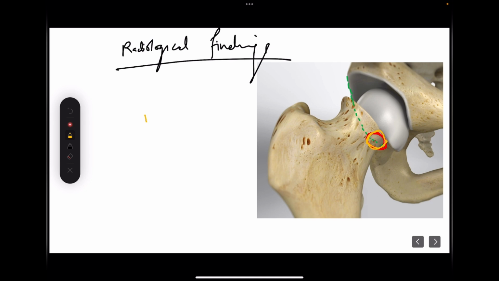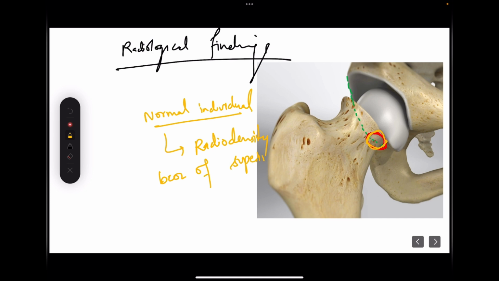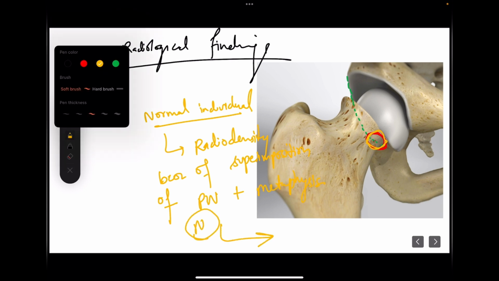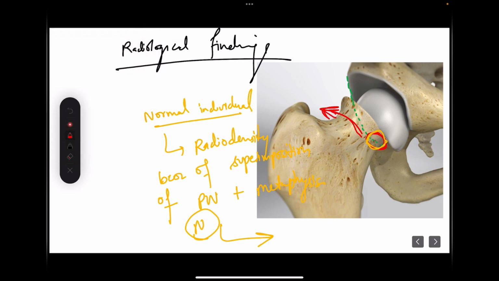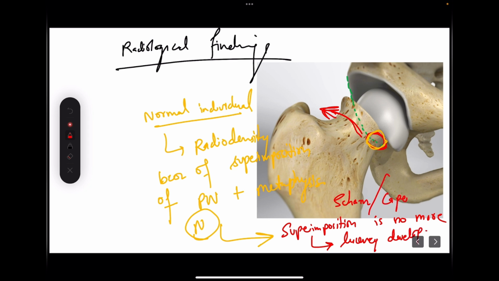So in normal individuals, this is the area where you will see radiodensity because of superimposition of the posterior wall of the acetabulum with the metaphysis of the femur. This is normal. But whenever the metaphysis slips in a supralateral direction, superimposition is no more there, because of which a lucency can develop over this region, and this is known as Shamrock or Capener sign.